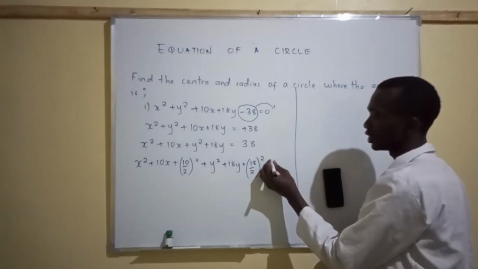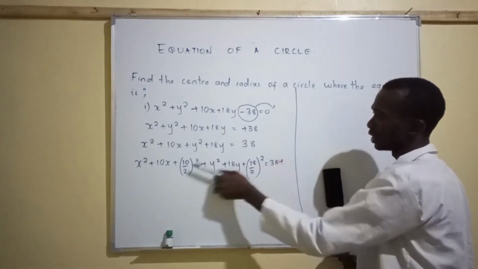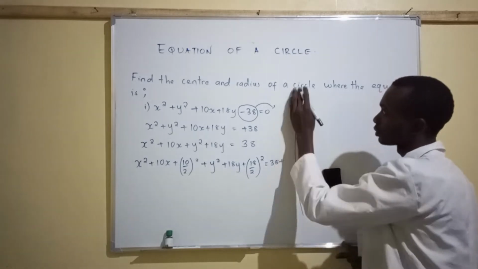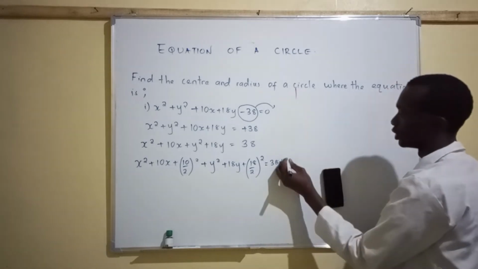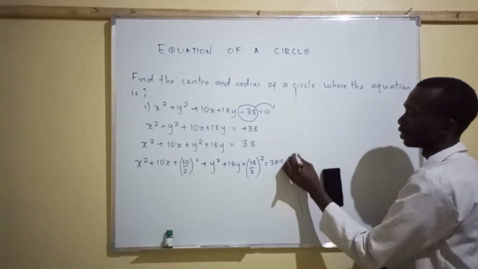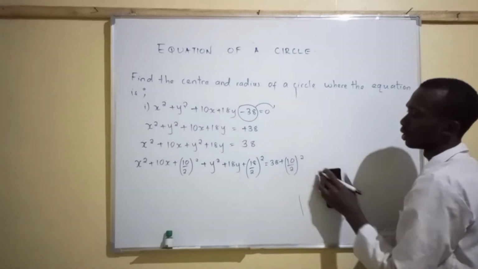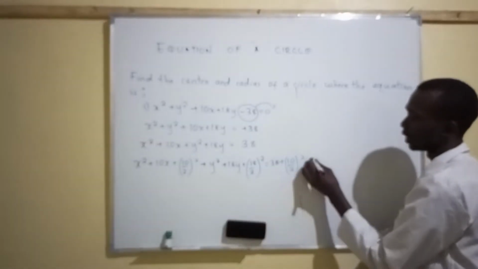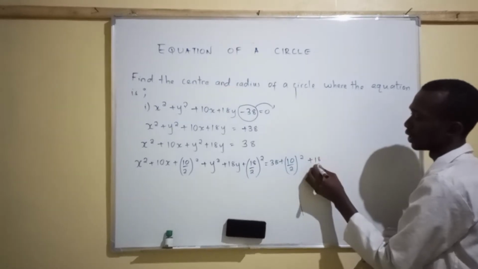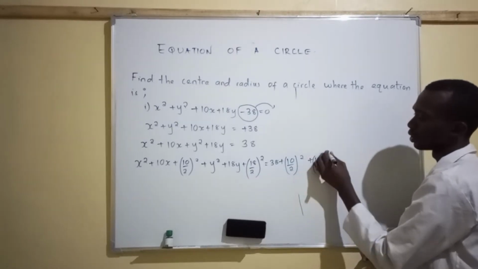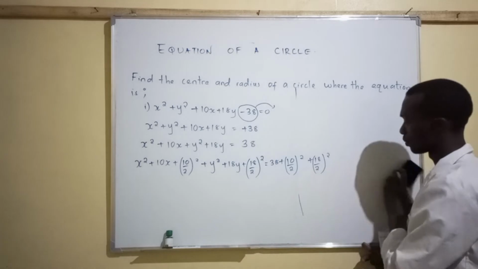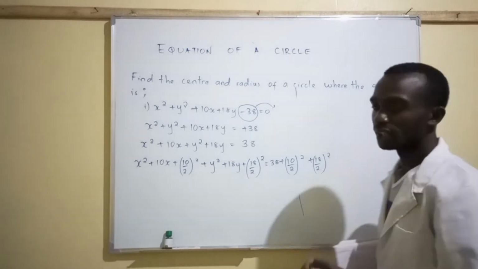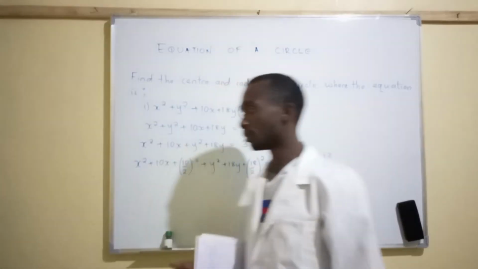So you have 38 plus 10 over 2 squared plus 18 over 2 squared. Now that is the third procedure, one of the most tricky procedures.